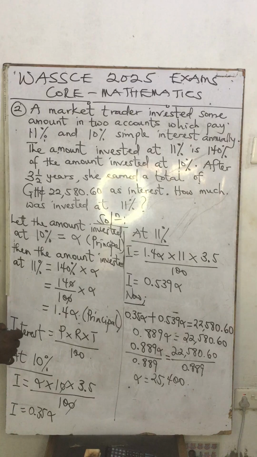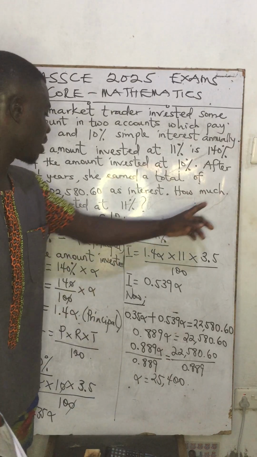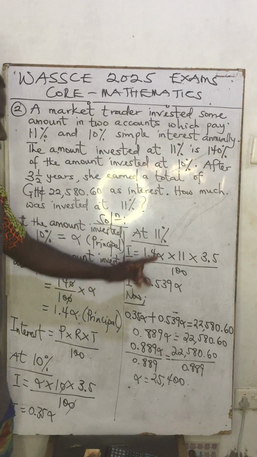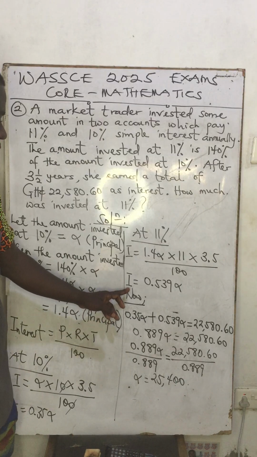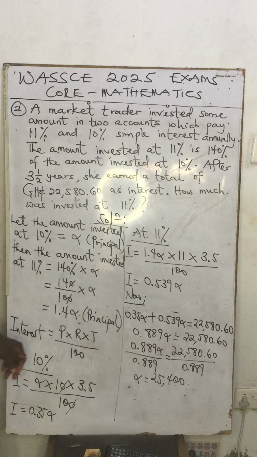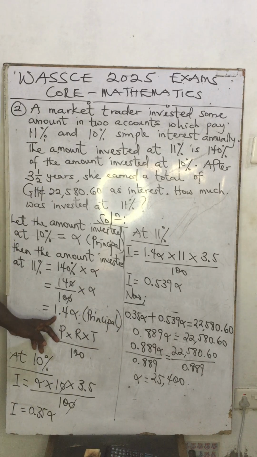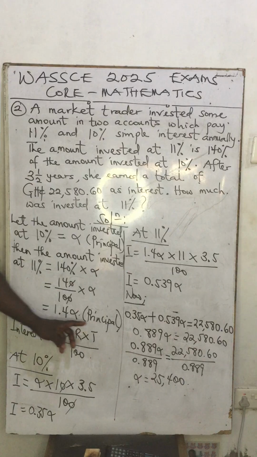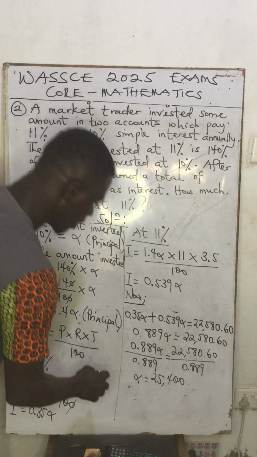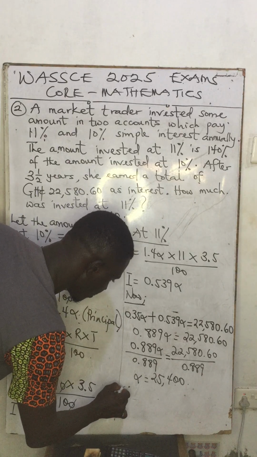Now here they said we should get how much was invested at 11%. So at 11%, the principal is 1.4 alpha.